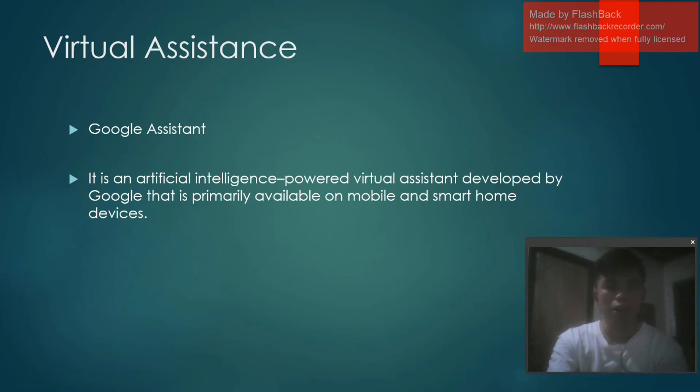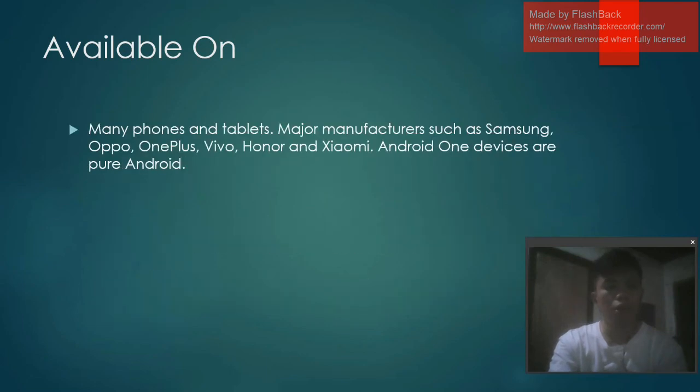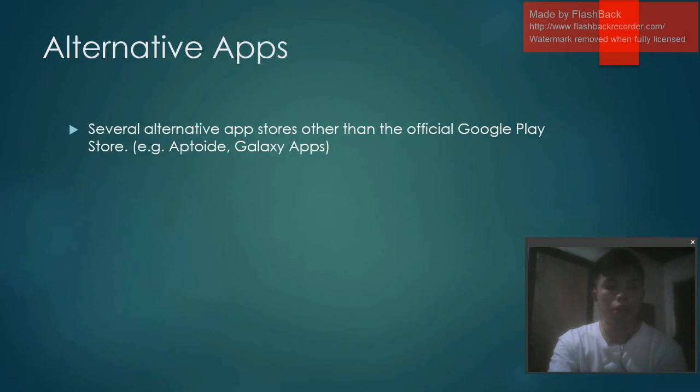While in iOS, it has the virtual assistant called Siri. Next, Android is available on many phones and tablets from major manufacturers such as Samsung, Oppo, OnePlus, Vivo, Honor, and Xiaomi. Android One devices are pure Android.